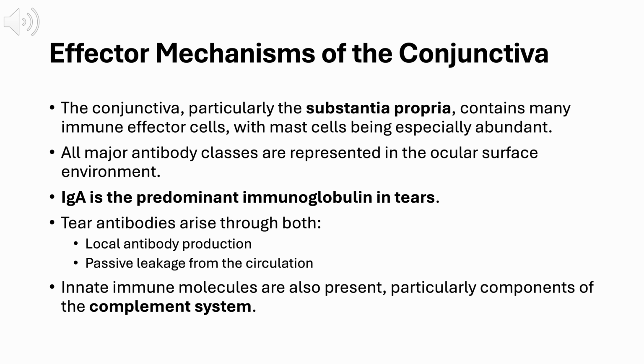And those tear antibodies come from two sources: local production within the ocular surface tissues and passive leakage from the circulation. Innate immunity is present too, particularly components of the complement system, which provide rapid, antibody-independent defense. So the conjunctiva pairs a mucosal antibody system with abundant mast cells and complement, a versatile arsenal. That heavy mast cell presence sets up the clinically important response we'll cover on the next slide.